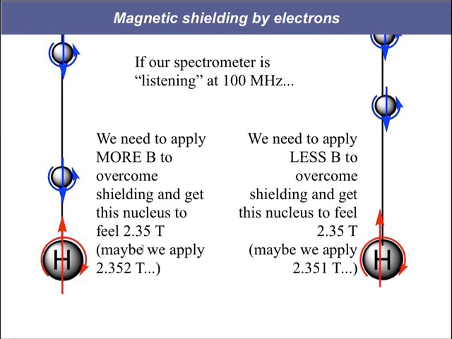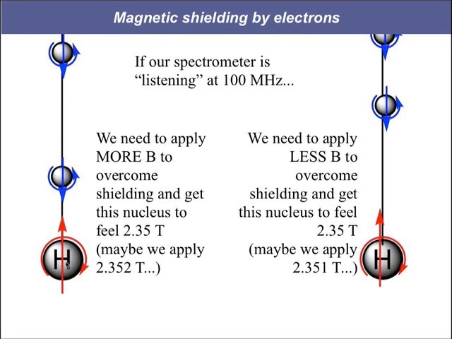So maybe we need to apply 2.352 Tesla to get this nucleus to feel exactly 2.35 due to its shielding, and therefore precess at 100 megahertz so that we can hear it.